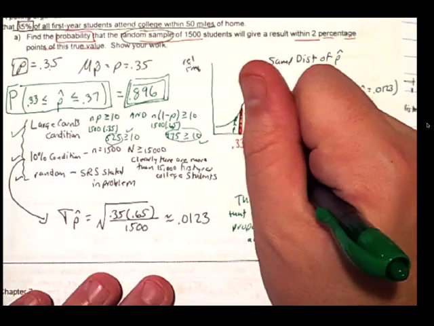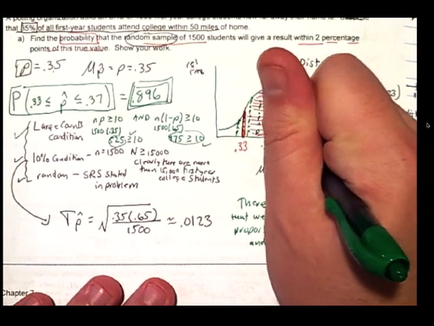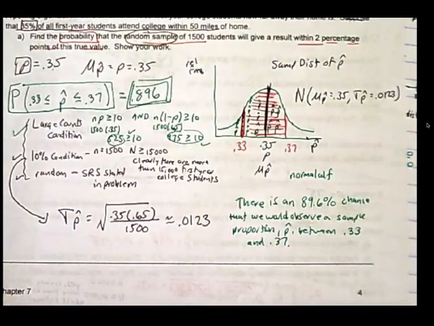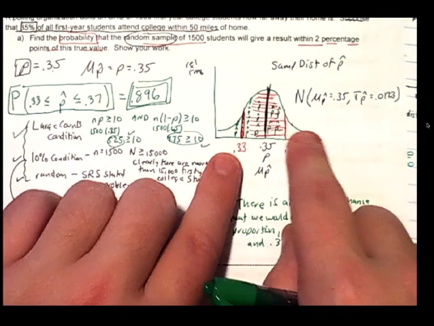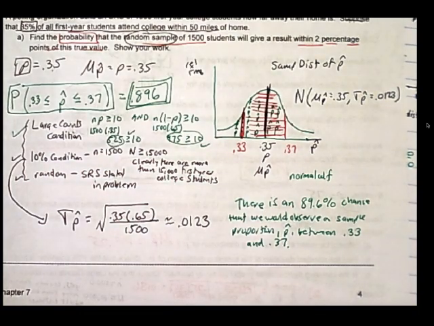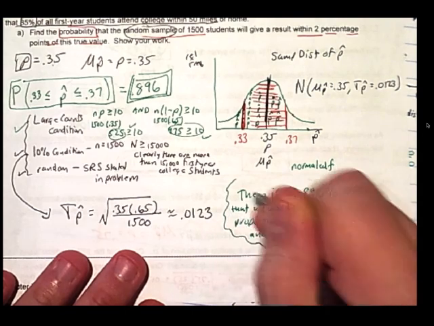So there's almost a 90% chance that we would get a p hat in between those two values. And there's only 10% of p hats that would fall outside of those values based on this number. So that's the meaning of the answer.